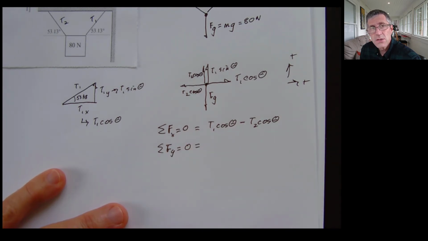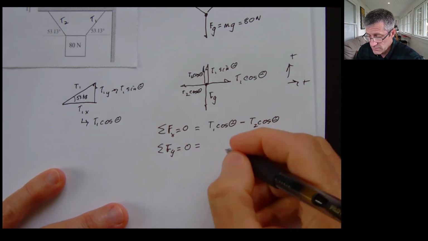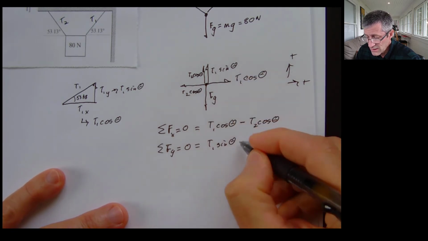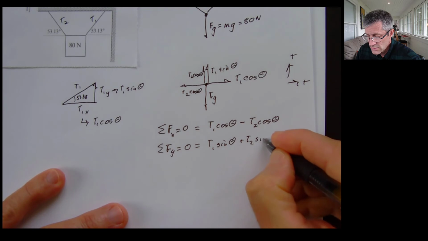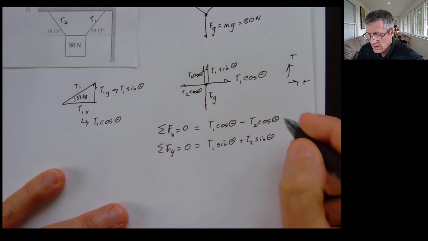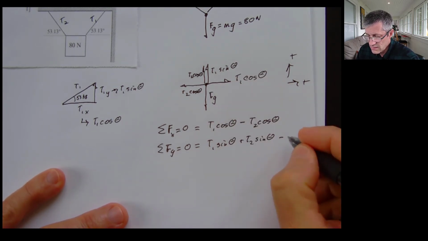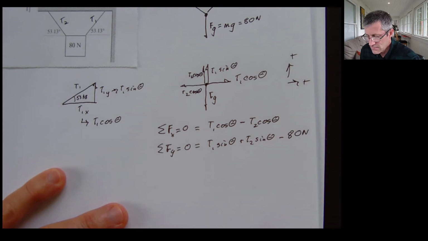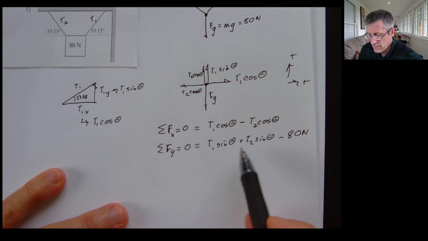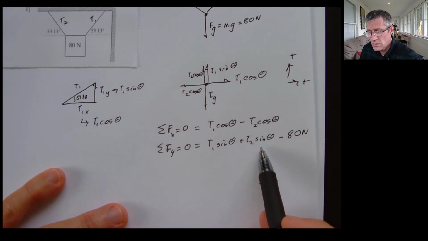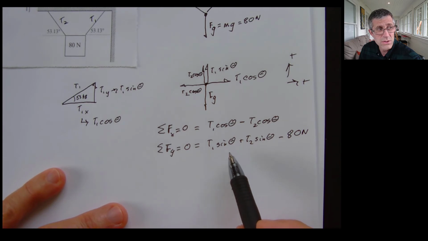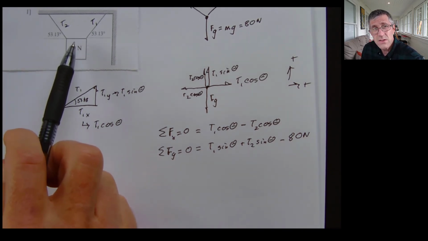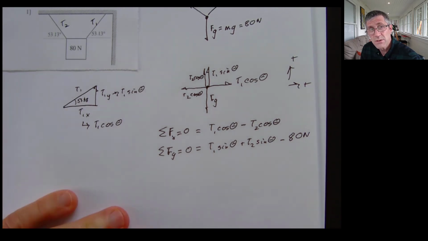But the sum of the forces in the y dimension is a little bit more helpful. I have my positive forces pulling up: T1 sine theta plus T2 sine theta, and my force of gravity pulling down, and I'll put in a number here. This is 80 newtons. I could use a system of equations, two equations and two unknowns, but it's a lot easier in this case to see this is symmetrical, so those two forces must be the same.